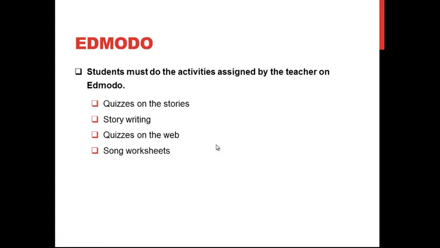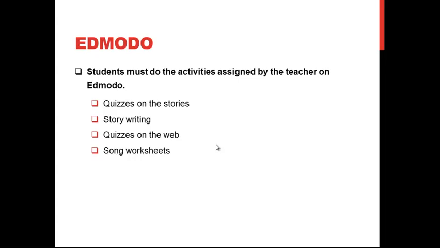Next, we have Edmodo. If you don't know how to use Edmodo, you can contact your coordinator to watch the videos on Edmodo. But on Edmodo, what the students have to do is basically all the activities that you assign them, and those activities should be taken to the grade book. All right.